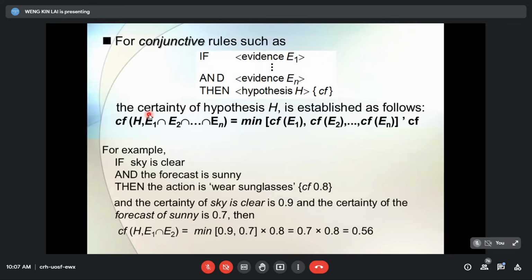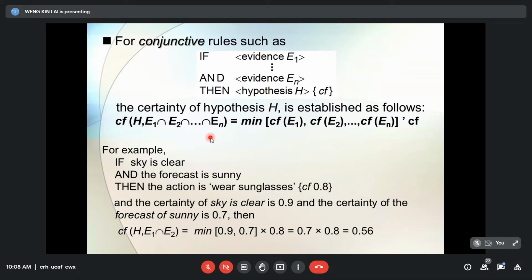The certainty of your hypothesis H is established as follows: the certainty factor of H, given evidence E1 and E2 and E3 until En.